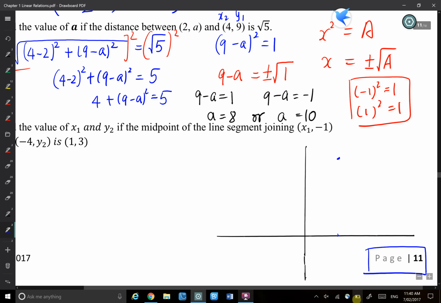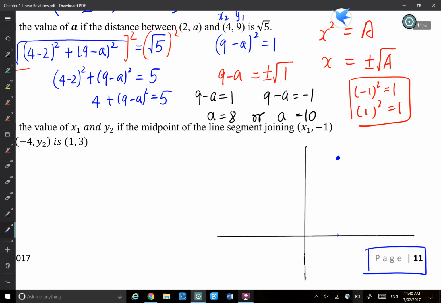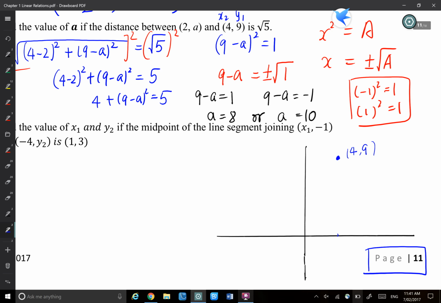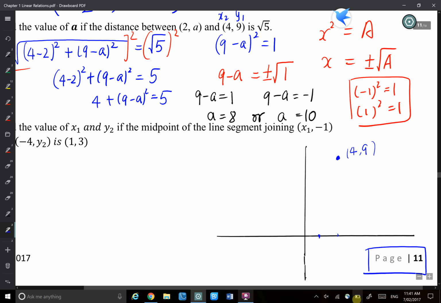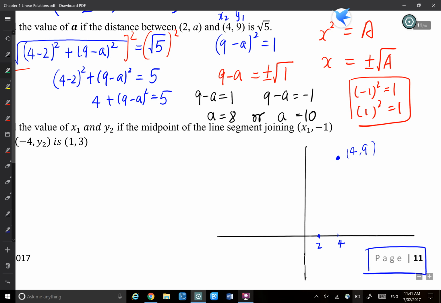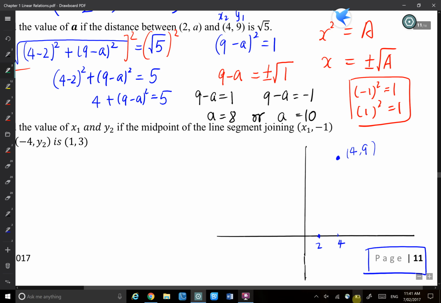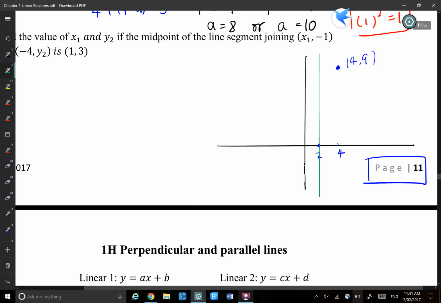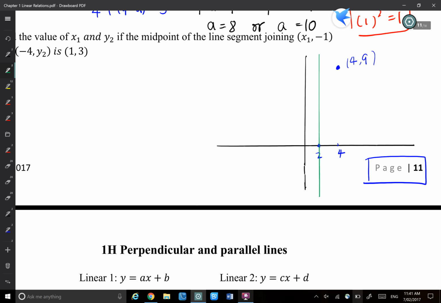I'm explaining why there should be two solutions. I have 4, 9 here, and I have another point 2 and A. So here is 2. I don't know where A is. So A can lie on this line. A should be on this green line with x coordinate 2, and I don't know the y coordinate. So A can be on this line.